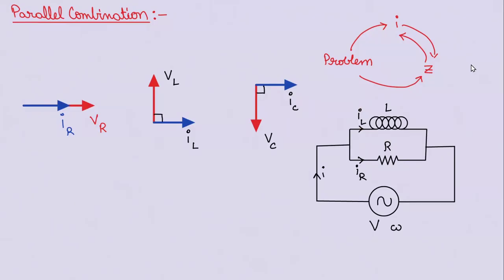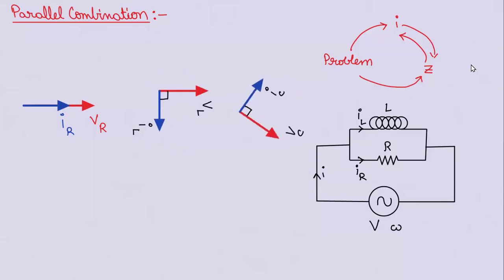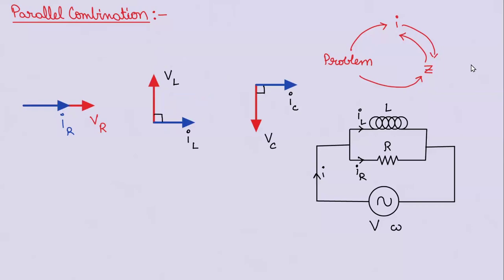So concentrate here. We have to rotate by 90 degrees like this. Because you know very well, voltage will be the same in parallel. So actually this is also getting rotated, right?